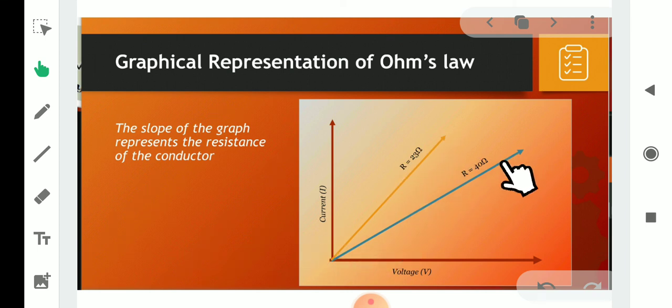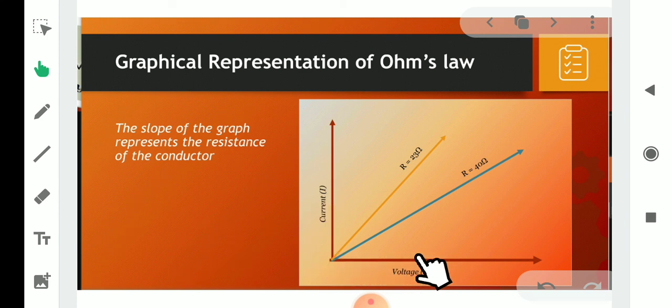The slope of this graph gives the resistance, that is voltage divided by current, which is nothing but resistance.